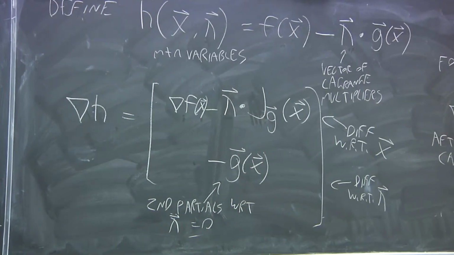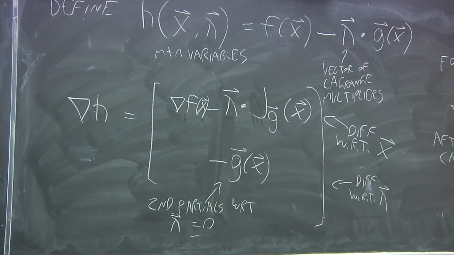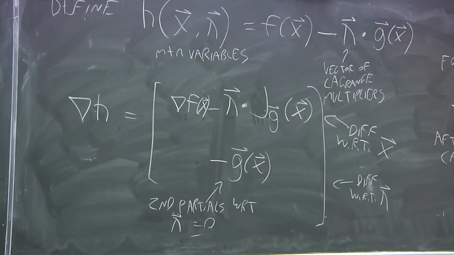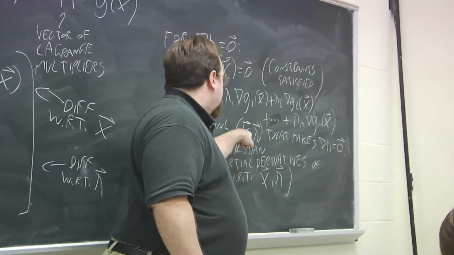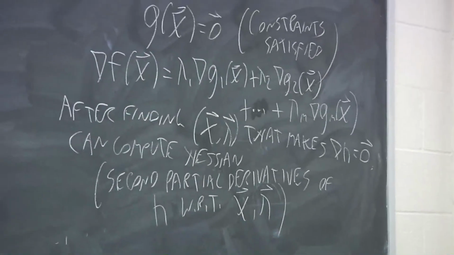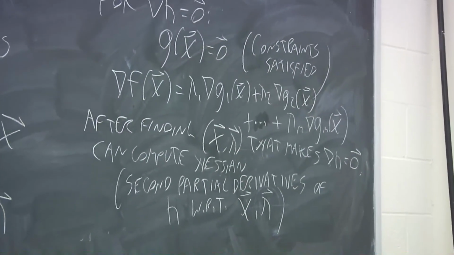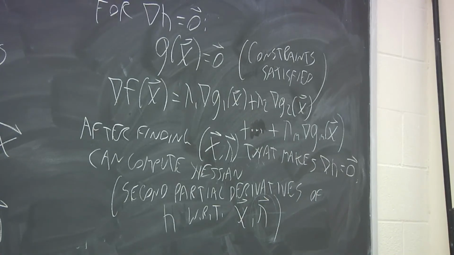Yes, it is going to be quite messy, even if you only have a few variables, even if you only have one constraint. But this is something you can do in order to check whether any of these critical points you find, with their Lagrange multipliers, correspond to a max, a min, or a saddle point, subject to the constraints.